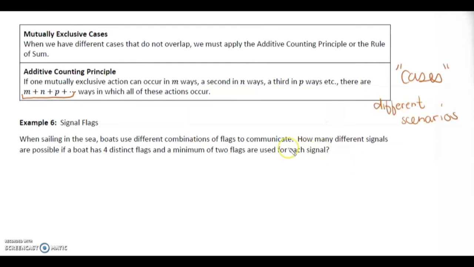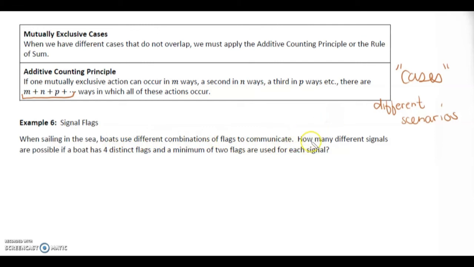Let's take a look at example 6, signal flags. We're already starting to pay attention to the English language here, and to decipher what kind of words are triggering what kind of questions. When sailing at sea, boats use different combinations of flags to communicate.